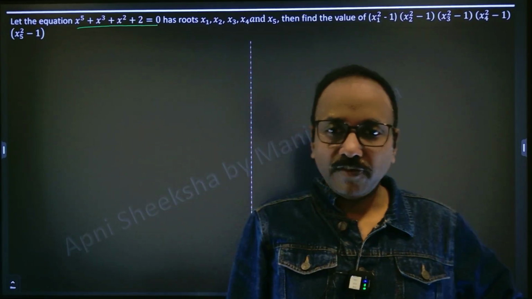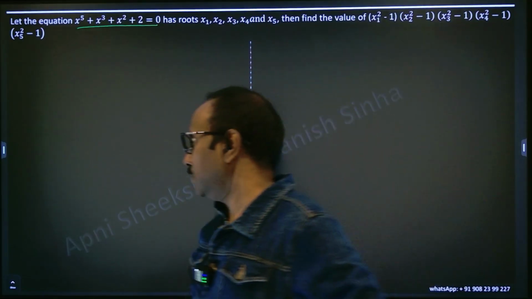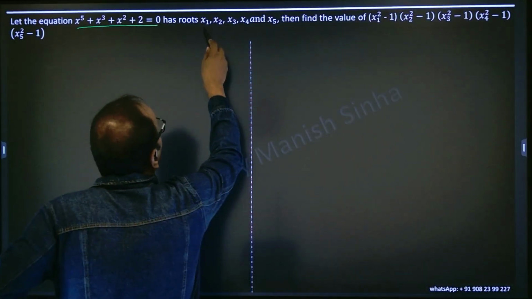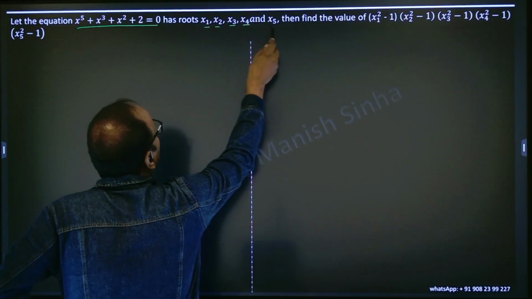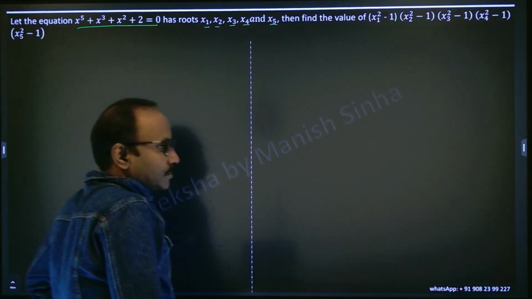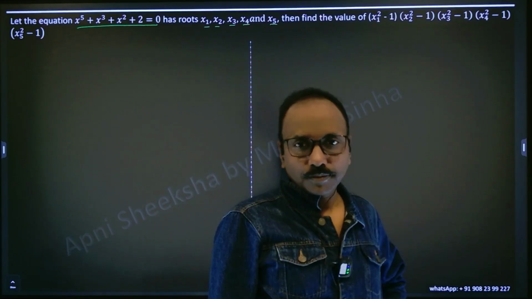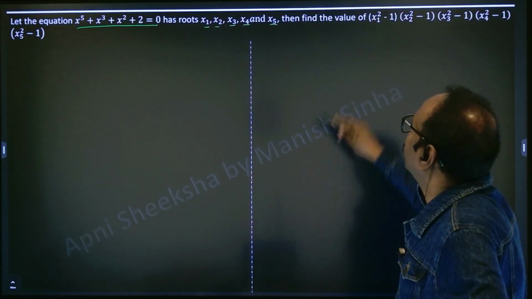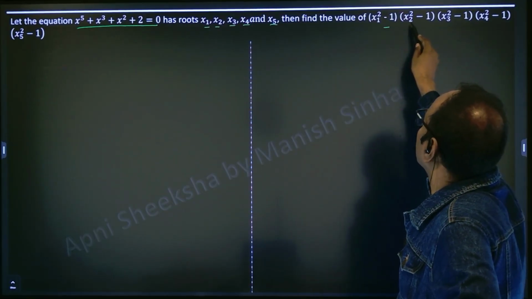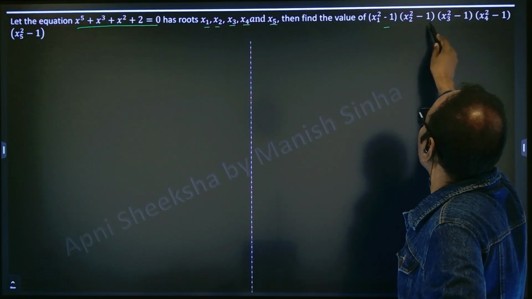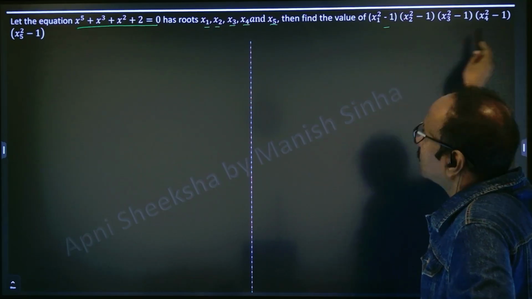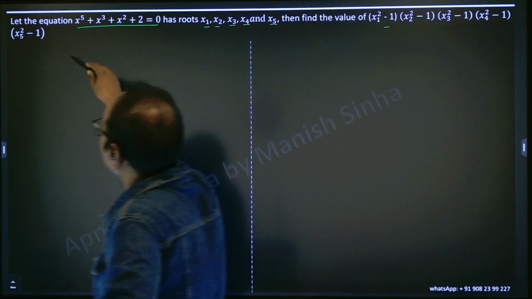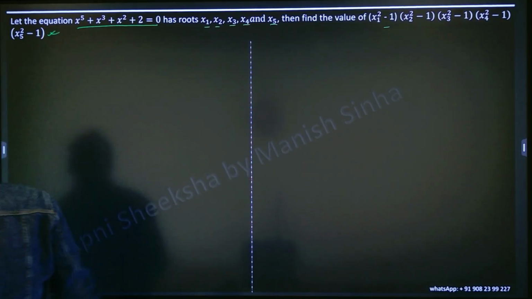So it will have 5 roots, and those roots are given as x1, x2, x3, x4, x5. Then it is asking the value of x1 square minus 1, x2 square minus 1, x3 square minus 1 and so on. So how to get this?